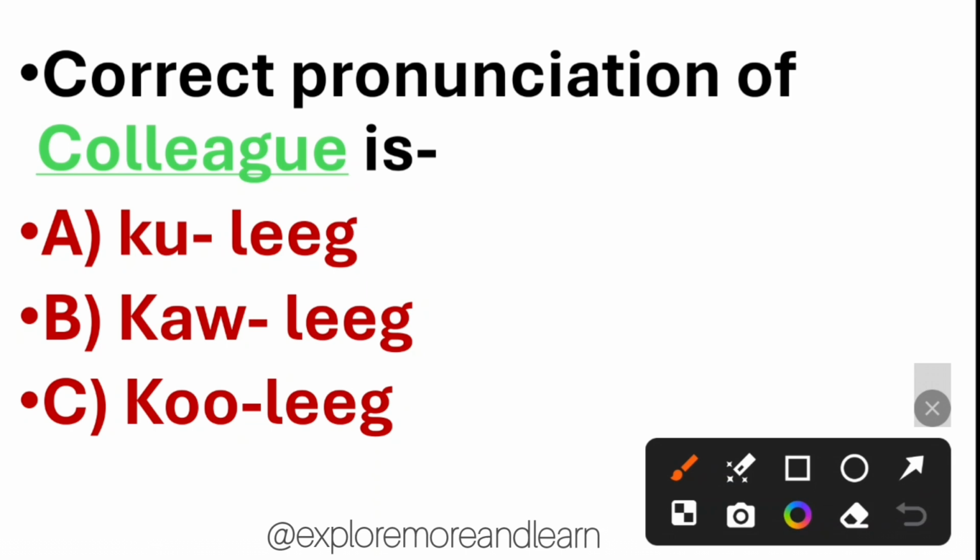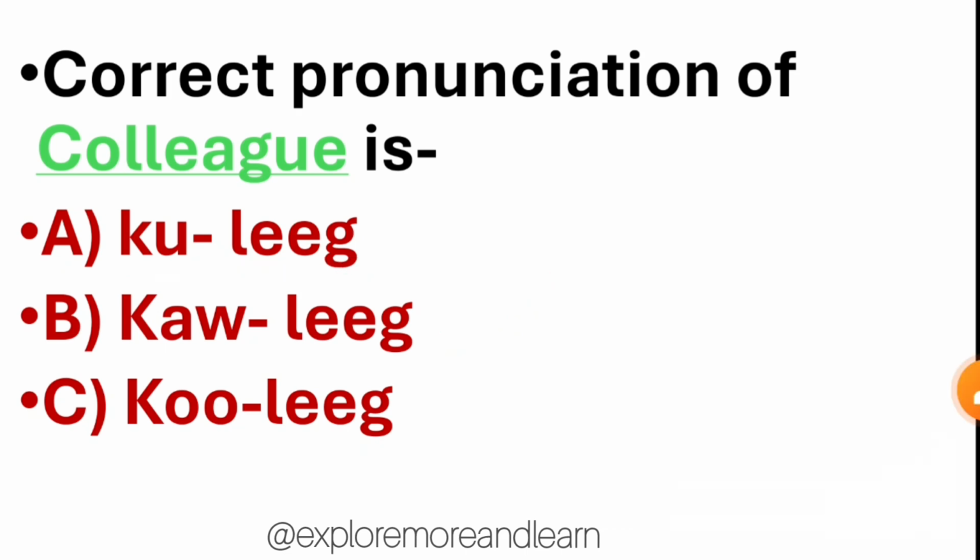The correct answer is, many people pronounce it like colleague, but the correct answer is colleague. So here CO is pronounced as ko, not ku. Colleague.